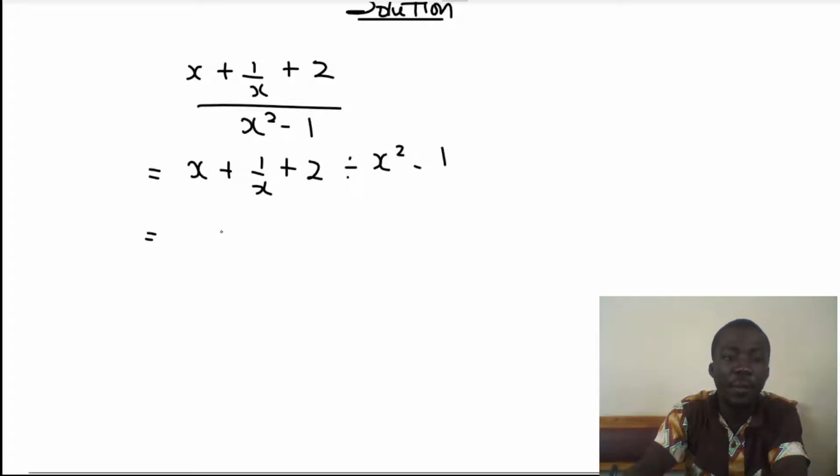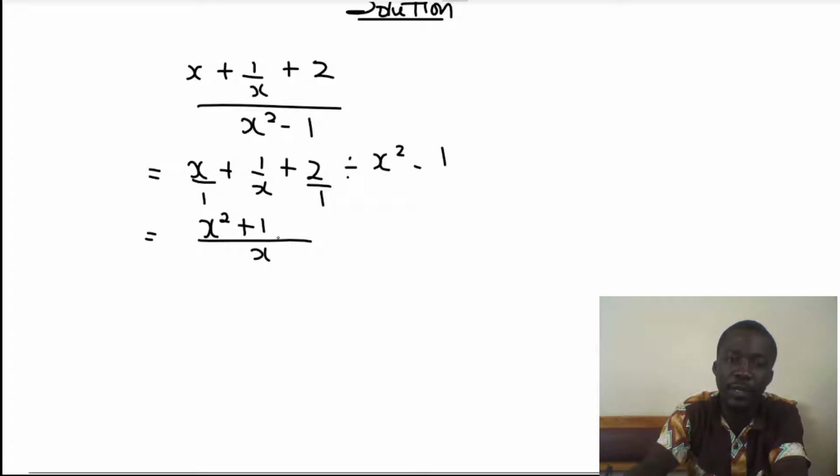And here our least common denominator is x. Of course, here is over 1, and that place is over 1 as well. 1 into x is x, so we also have another x there. So x times x will be x squared. x into x is 1. 1 times 1 is 1, so plus 1.